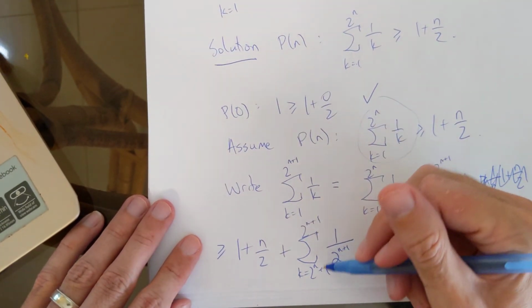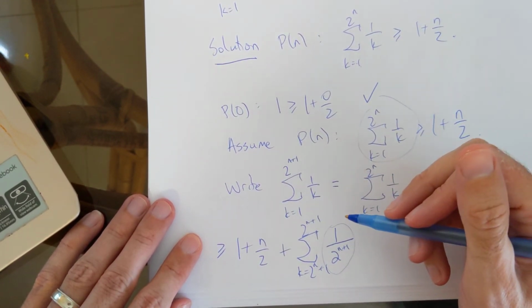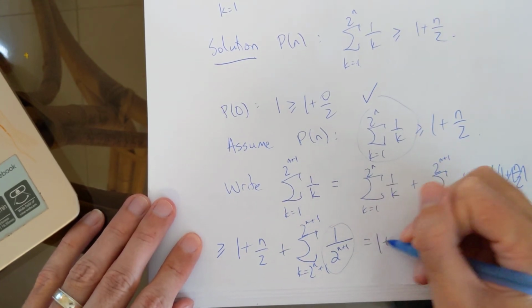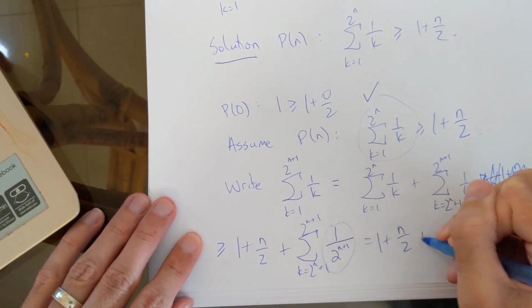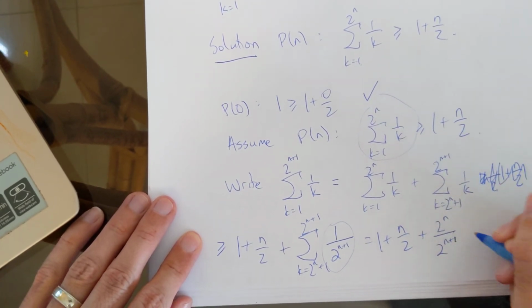And I have 2 to the n terms, each this big. So I have 2 to the n over 2 to the n plus 1. In other words, a half.